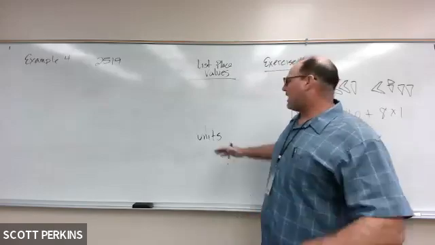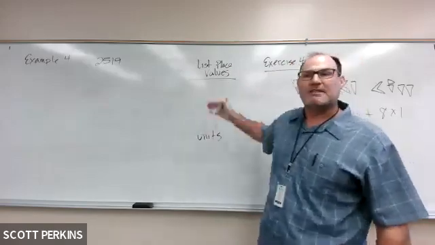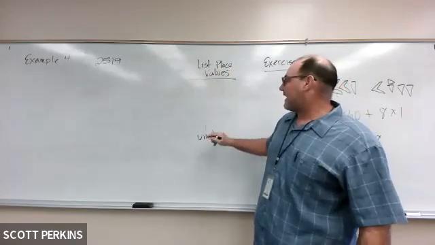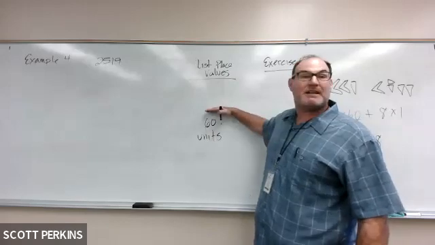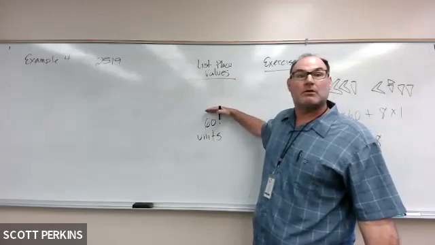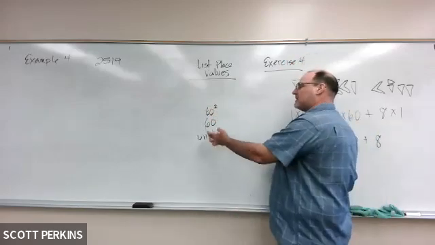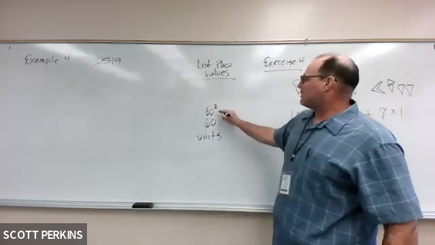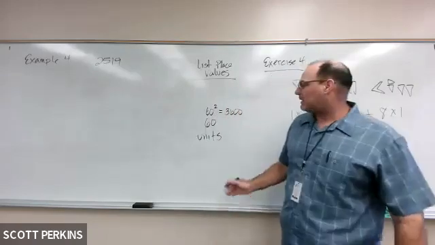And then the next, I'm just listing them up and down instead of left and right, just because I'm going to keep them in the middle of the board. It saves me a little room. Then my next place value is groups of 60. And then what's the next place value? 60 squared. The units are at the bottom, then my 60, then my 60 squared, which I was already told is 3,600. Let's go one more just to make sure we're catching on.